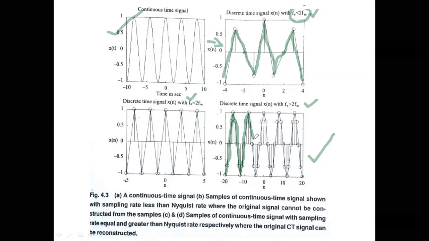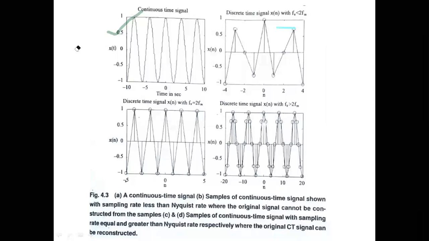Just by seeing the figures, you can clearly see visually that the original signal is reconstructed. In case one, it does not look like the original waveform x of t. But in case two and case three, it is possible to get the original data from the sampled values. So this shows the Nyquist frequency. You should select the proper value. Fs by 2 is nothing but the Nyquist frequency, denoted by Fn.